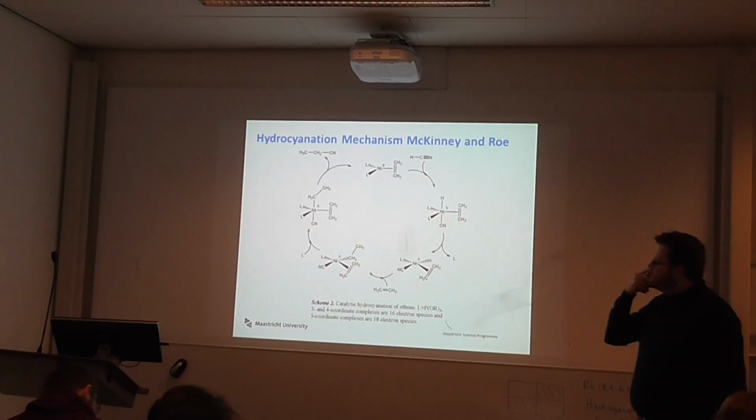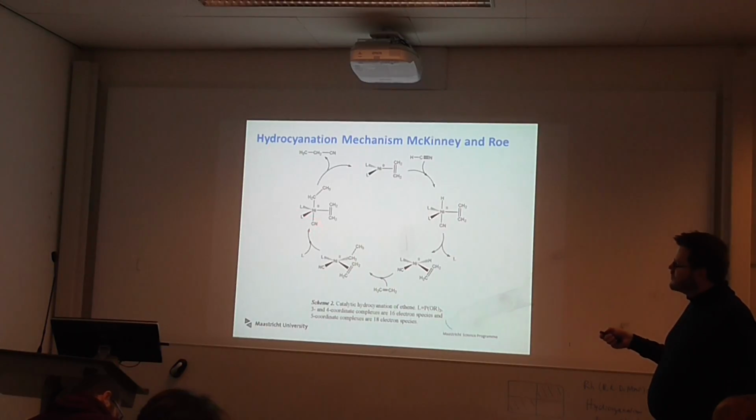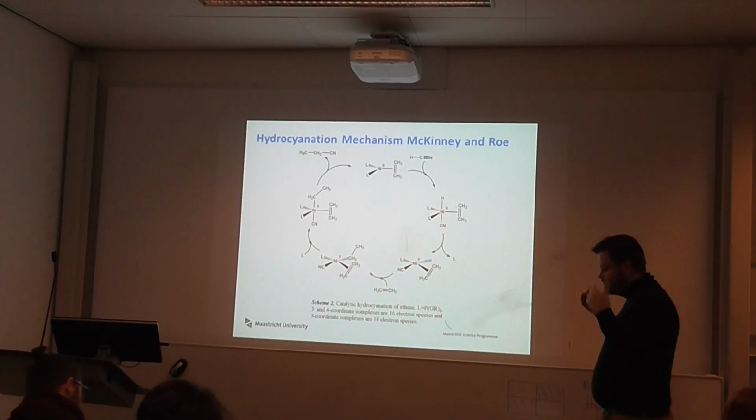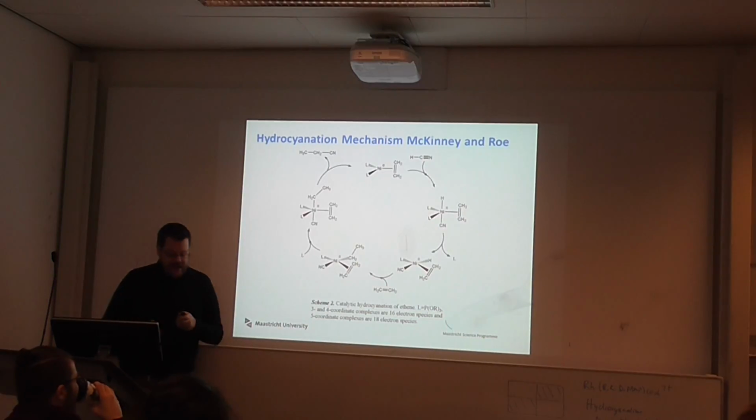A simple way to imagine it is that the axial and the equatorial groups exchange rapidly, on an NMR time scale, just exchanging rapidly on any time scale.